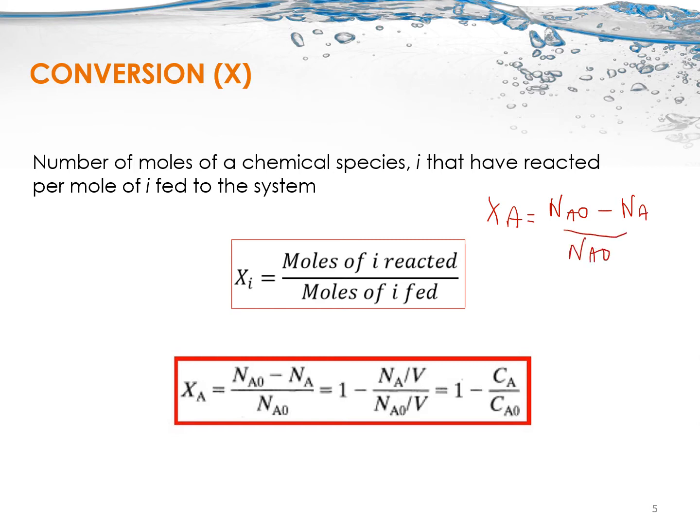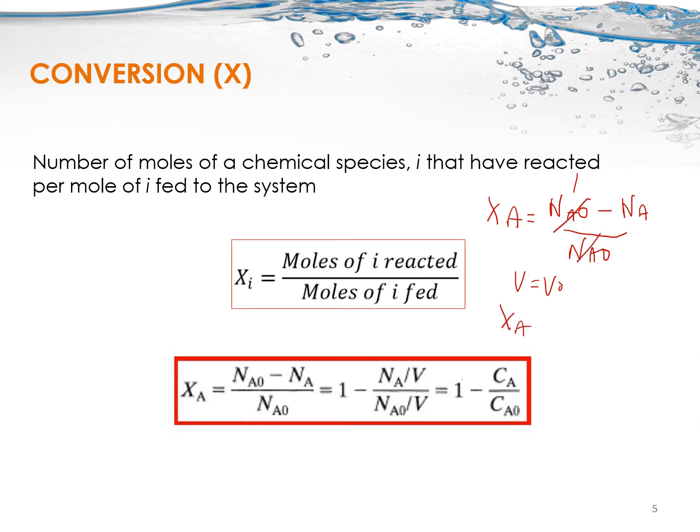Let's say this is a batch system whereby the volume would be the same, V equals V naught. What you can do is divide all of this by V, so this one cancels and becomes 1.